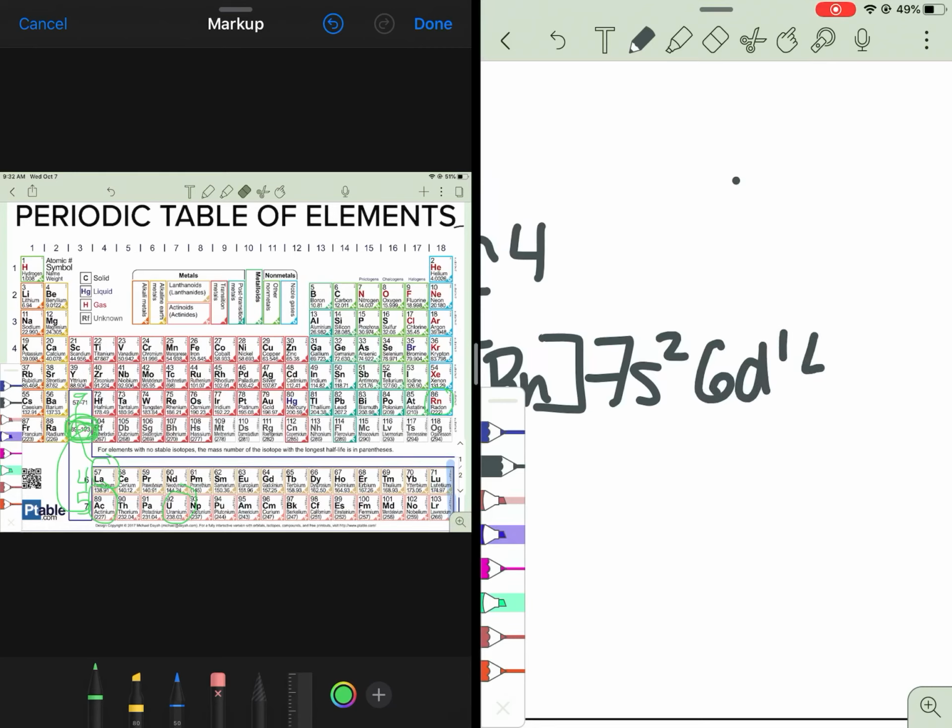So I accepted both. This is probably the more correct way to write it. Jeepers creepers, I'm just making errors left and right on this one. This should be 5F4. Sorry, guys. So 7S2, 6D1, 5F4. I also accepted that one.